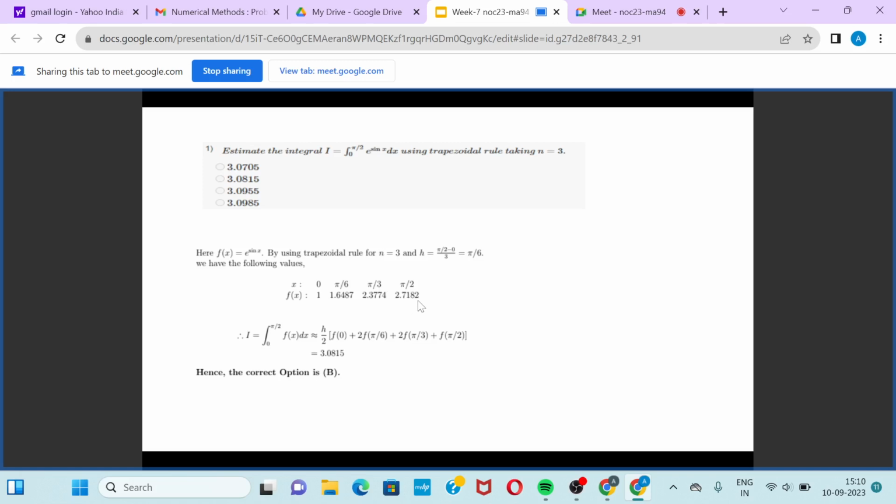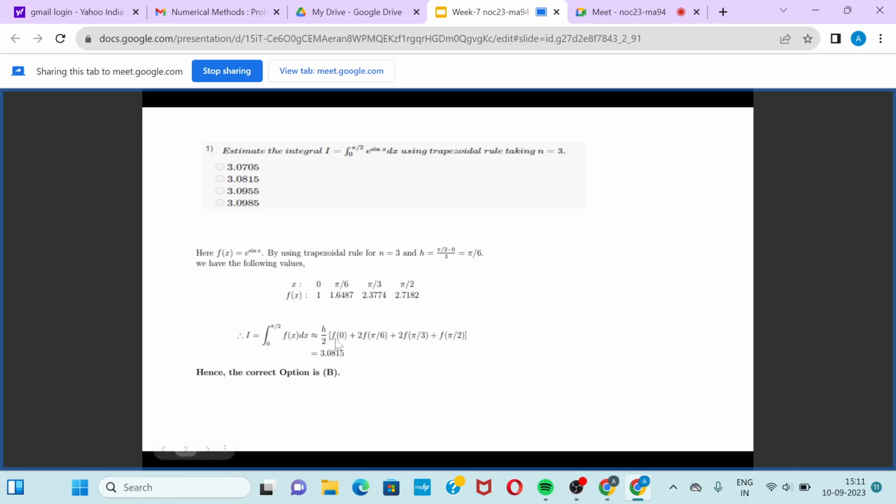Right? Now, what's the trapezoidal rule formula? It says that integration I from 0 to pi by 2, whatever your integral is, will be equal to h by 2 times f of 0 plus twice f of pi by 6 plus twice f of pi by 3 plus f of pi by 2.